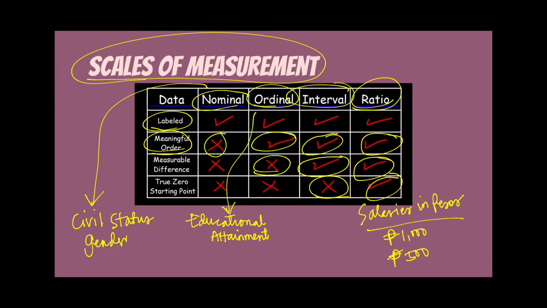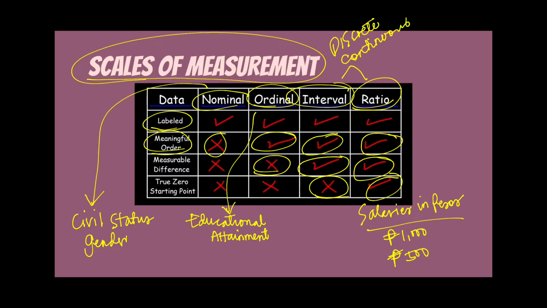But for interval and ratio, you can compute the difference because the variables are countable. They are either discrete or continuous variables.